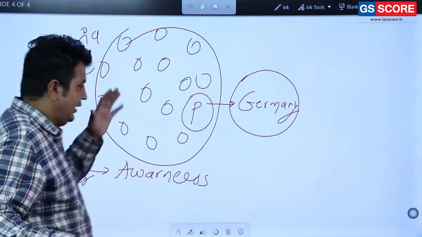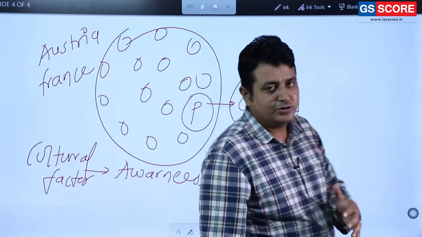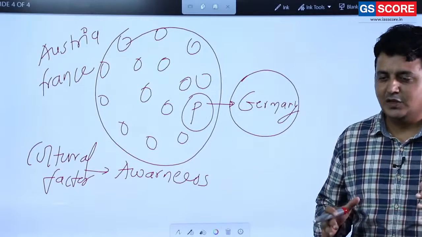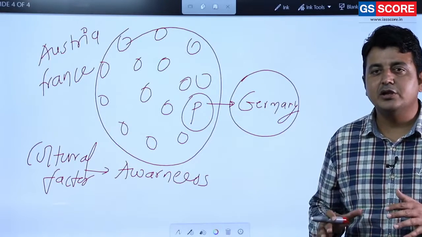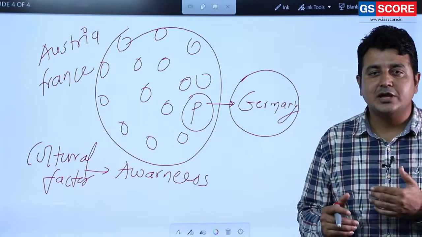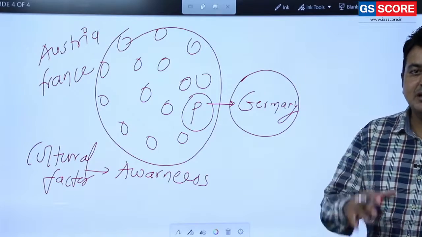states, and one of the best examples is the unification process in Germany and Italy, that is, unknowingly. It was not the intention of Napoleon to introduce changes which were going to boost nationalism or the process of unification, but he unknowingly did.